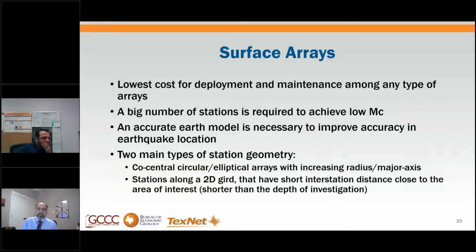And for getting good earthquake source information, especially the hypocentral depth, you have to have an accurate velocity model in order to improve your accuracy. You have two main types of station geometry: concentric, circular layouts, or stations along a line with a short station distance close to your area of interest. Next slide.